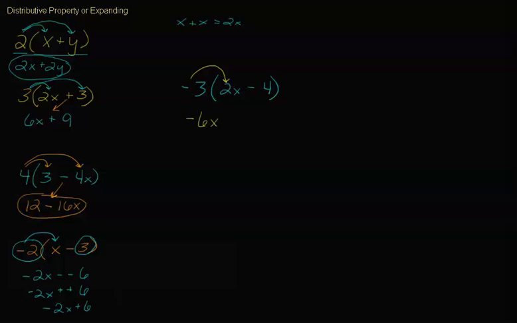We bring down the minus. Negative 3 times 4 is negative 12. But like I said, subtracting a negative is the same as adding a positive, and adding a positive is the same as just adding. And again, that's as far as we can go.